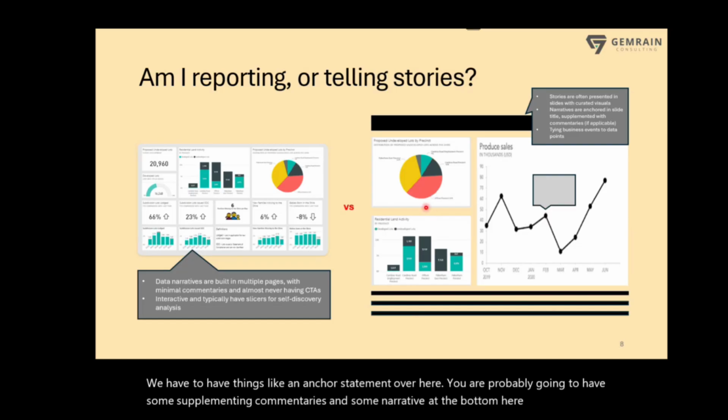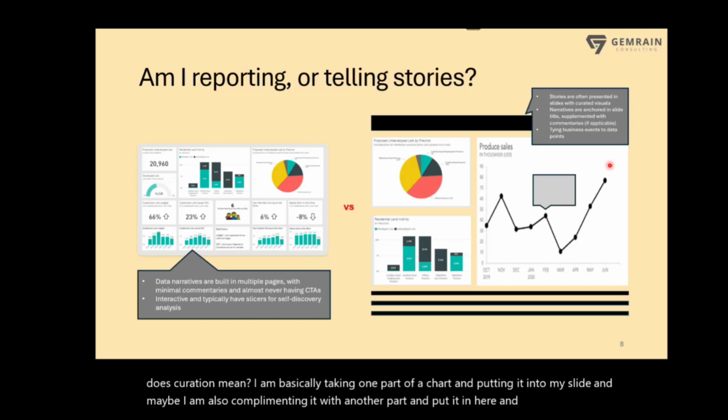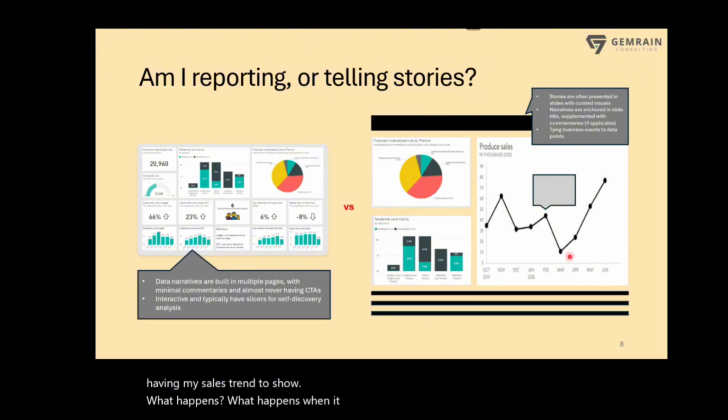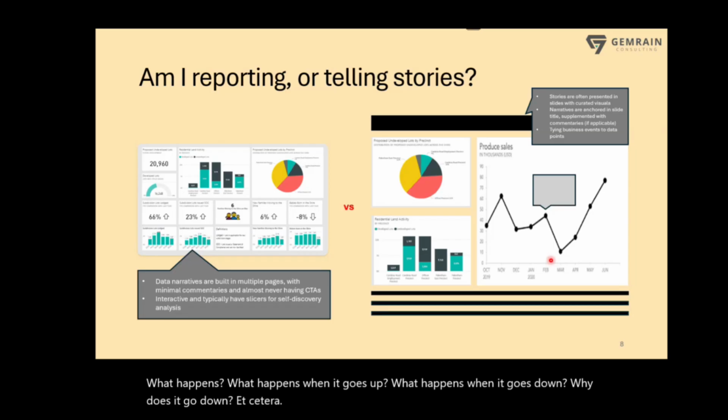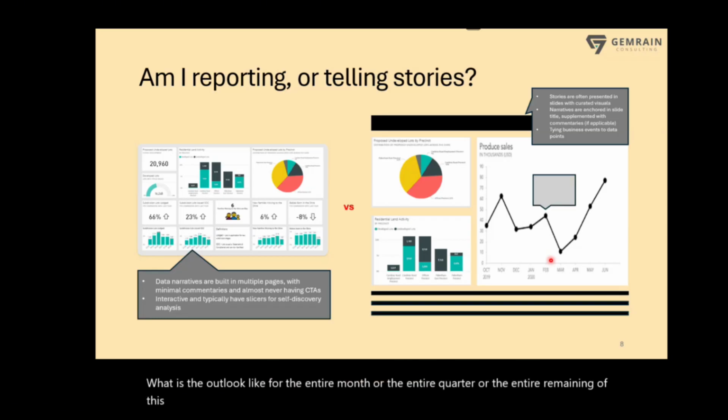So curated, what does curation mean? I am basically taking one part of a chart and putting it into my slide. And maybe I am also complementing it with another part and putting it in here. And I might also have my sales trend to show what happens when it goes up, what happens when it goes down, why does it go down, etc. What is the outlook like for the entire month, or the entire quarter, or the entire remainder of this year, now that we are already in August?